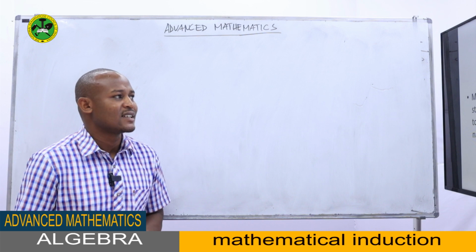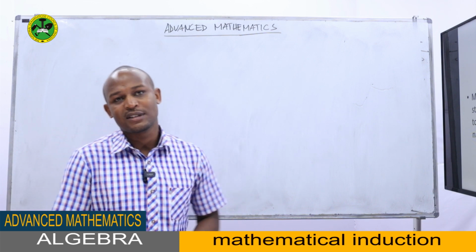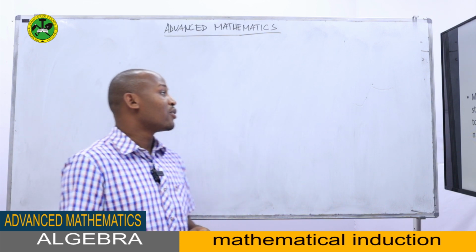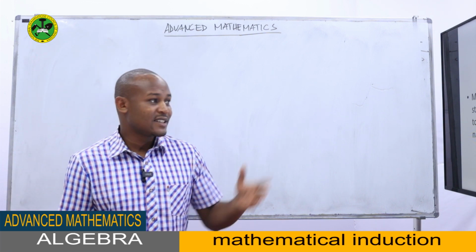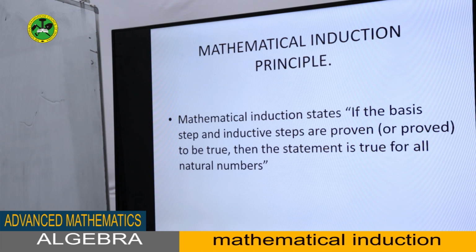Now let's start. The principle of mathematical induction. As it is seen there, it says if the basis step and the inductive step are proved to be true, then the statement is true for all natural numbers.